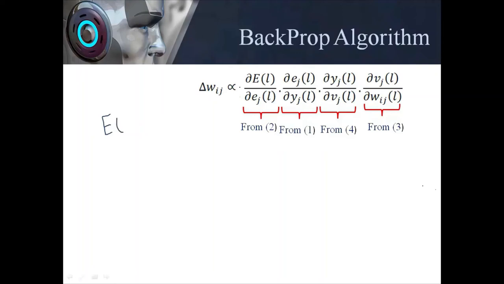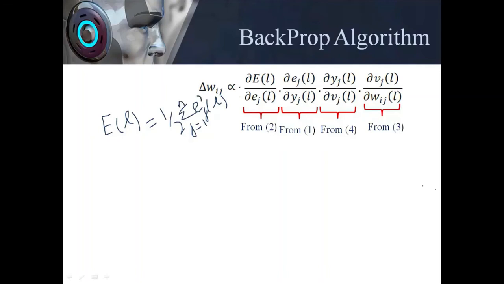If you go to the previous slide, it gives you the cost function, computed from the instantaneous error for the jth neuron, where j extends from 1 to n, the number of neurons in the output.